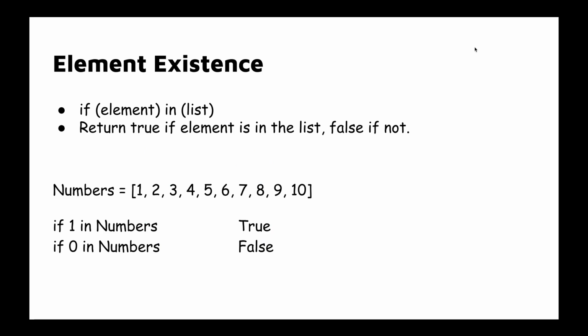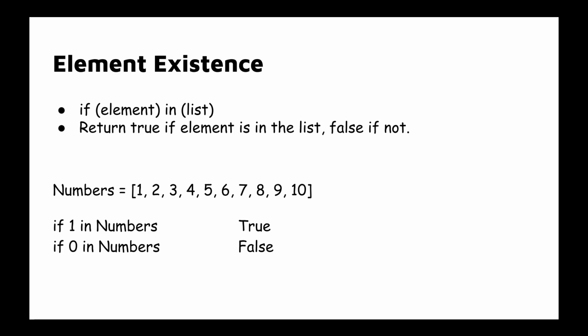Okay, lastly, we're going to learn how to check the existence of an element in a list. The format is if element in list. This will return true if the element is in the list, but false if the element is not in the list.